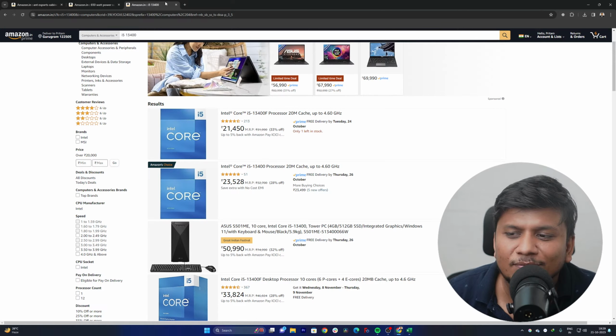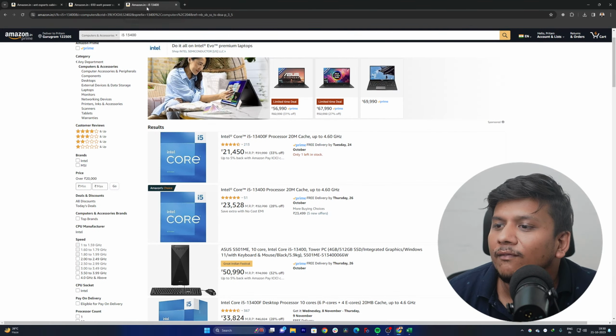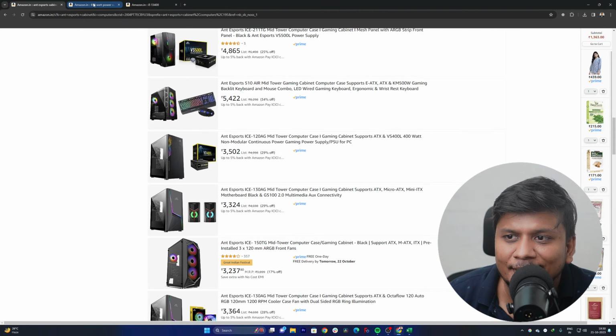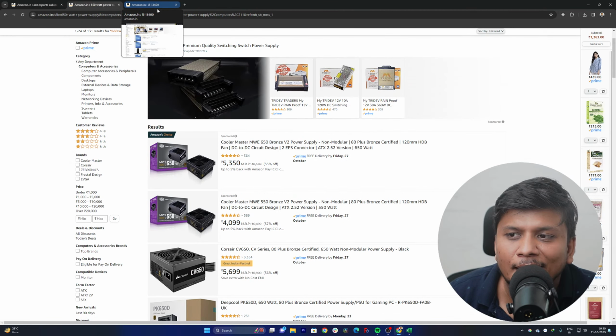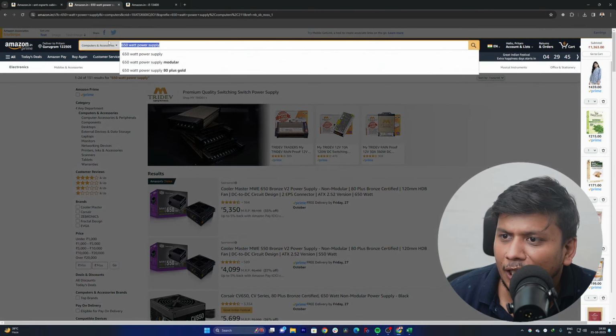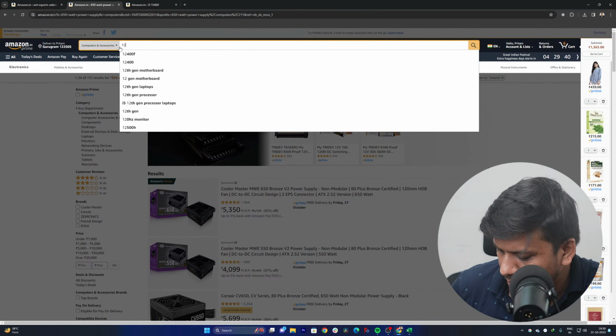Okay, so this was the reason why I have chosen this 12th generation Core i5-12400, and this one comes with integrated graphics, so you do not need to worry about having an external GPU. You can use that. Now let me just quickly keep it, 12400.